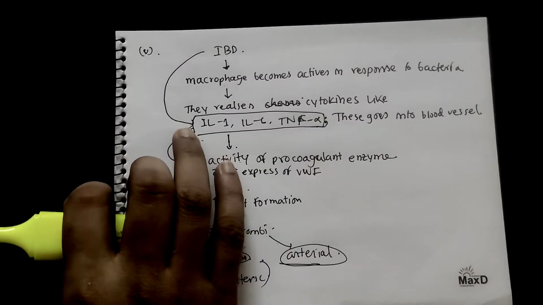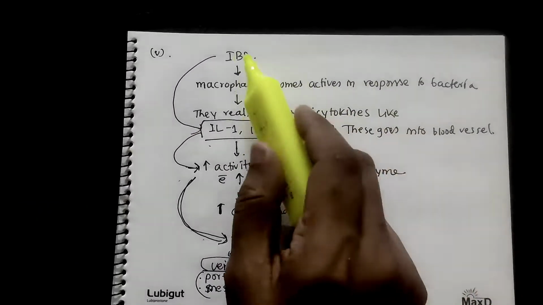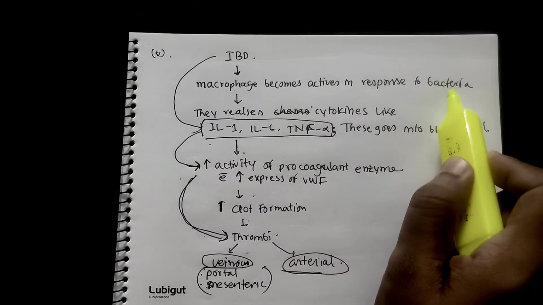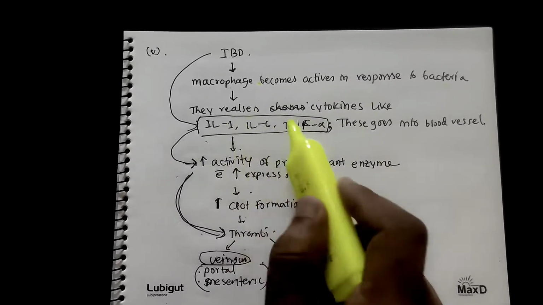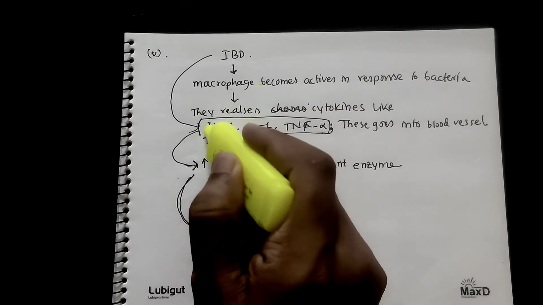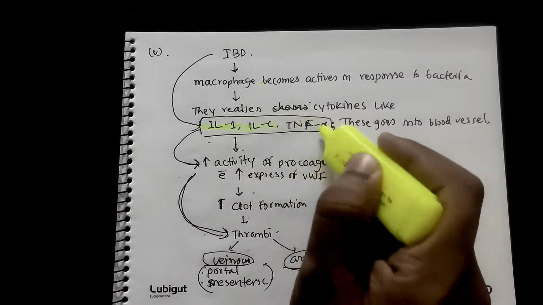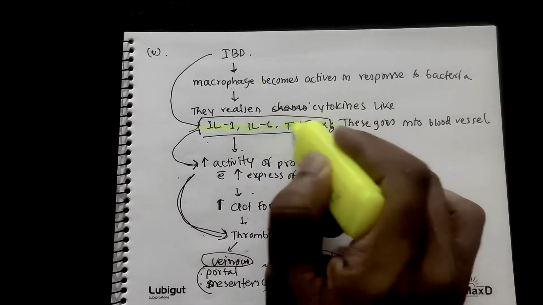And one more thing, in IBD, the macrophage becomes activated in response to bacteria. When the macrophage becomes activated, it releases cytokines like interleukin 1, interleukin 6, and TNF alpha.